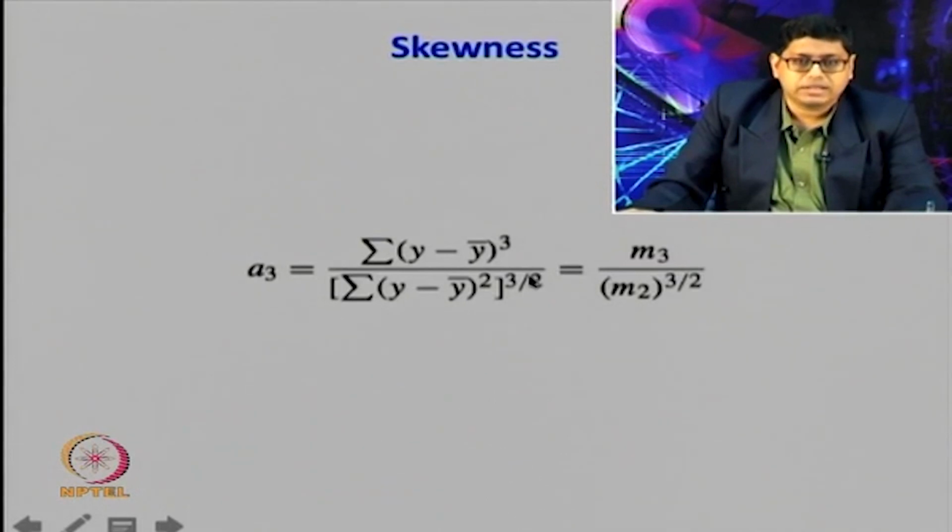It is defined as summation of y minus y bar whole cubed by summation of y minus y bar whole square, whole to the power 3 by 2, which is nothing but m3 by m2 whole to the power 3 by 2. This is of course unitless, as you can see from the definition.